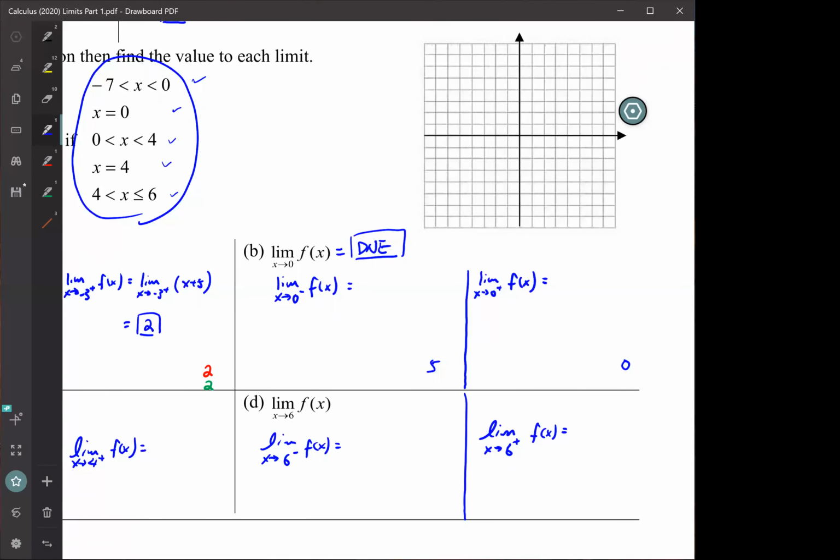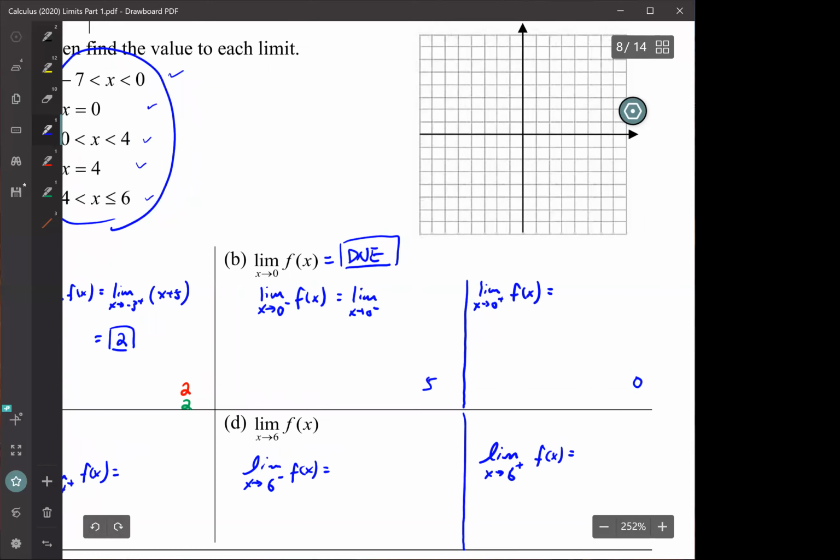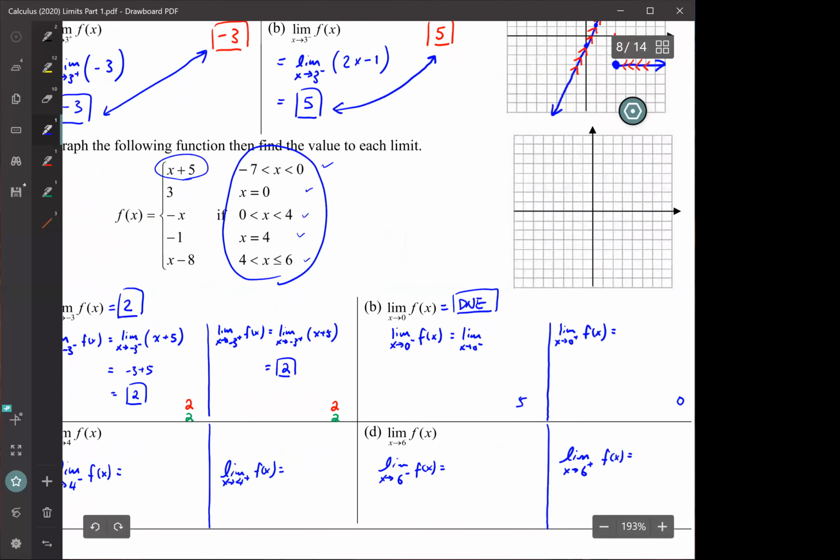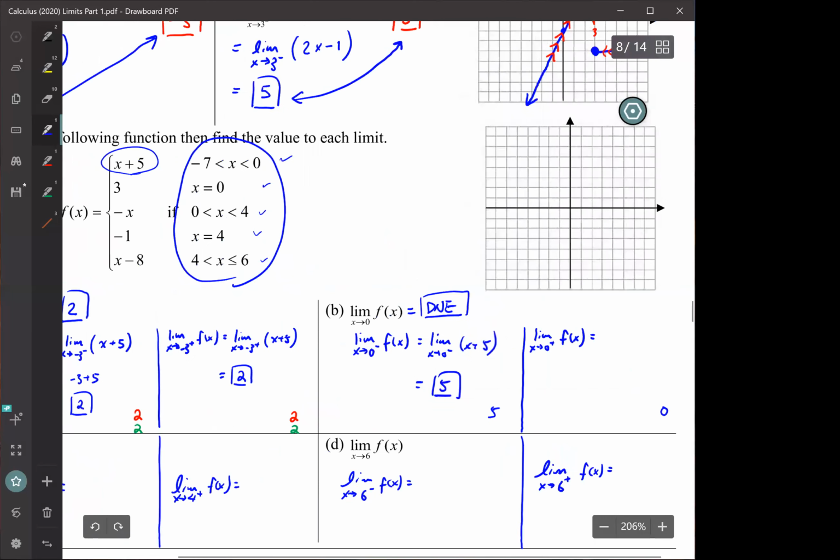Okay, so let's quickly go through this one. For 0 from the left side, you can pick negative 0.1, so that will be the first piece, x plus 5. And then you plug in 0, which gives you 5. Right-hand side, you can pick 0.1. It belongs to which piece?